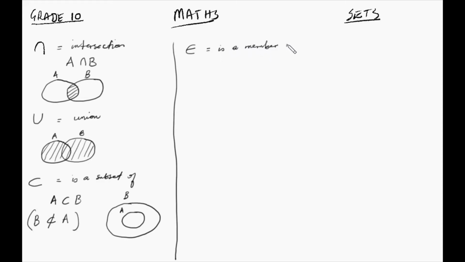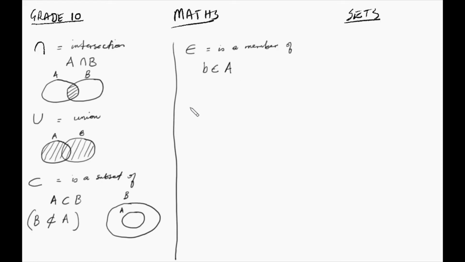If you don't want to say it's a member of, you can say it's an element of. Or you can say belongs to. Now, we could have B belongs to A.